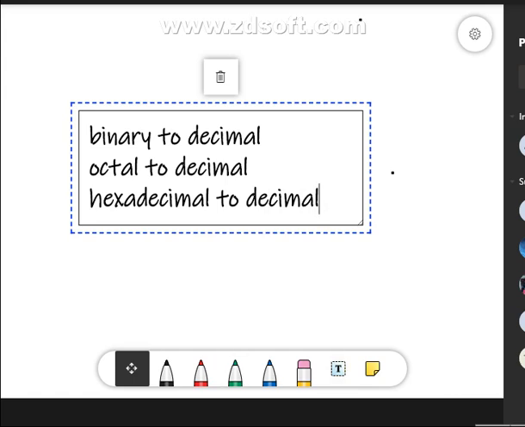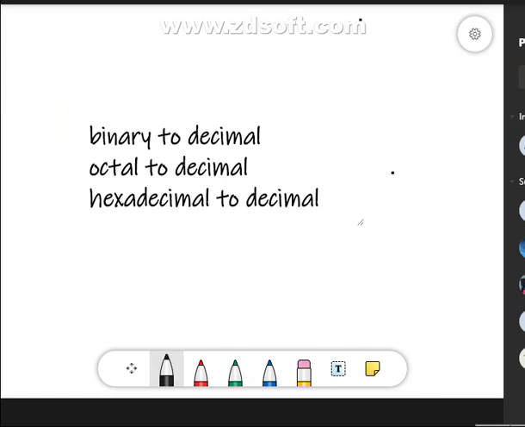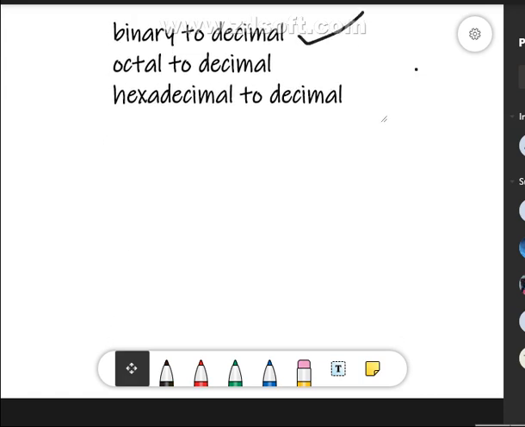Now let us see this binary to decimal conversion. See, if this is the number they have given, 1010101.